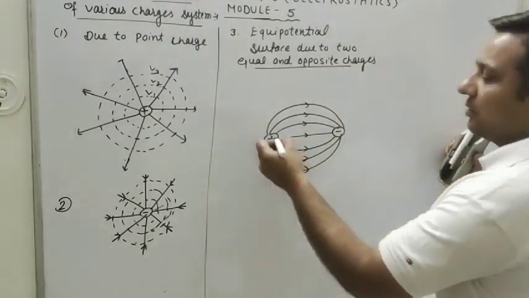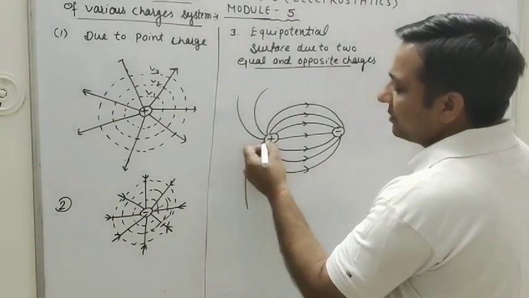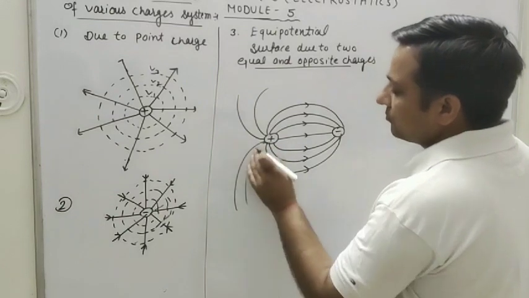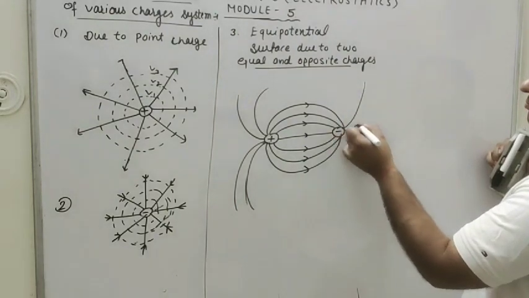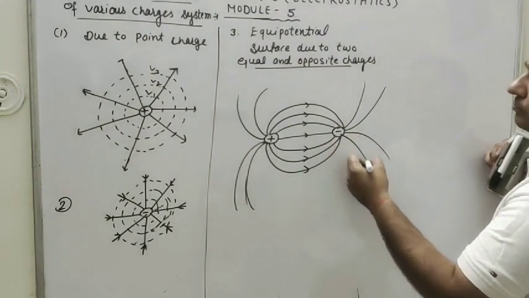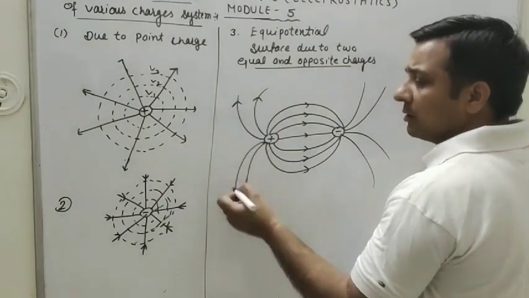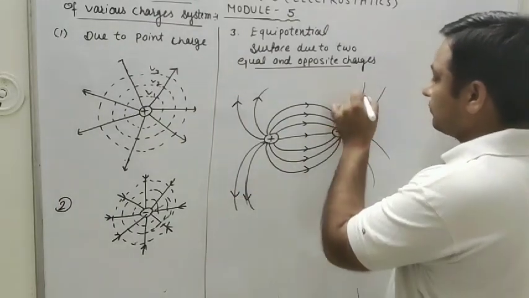Lines move away from the positive and come towards the negative.